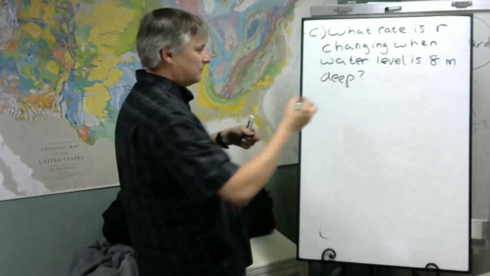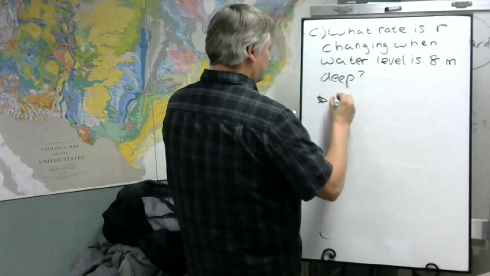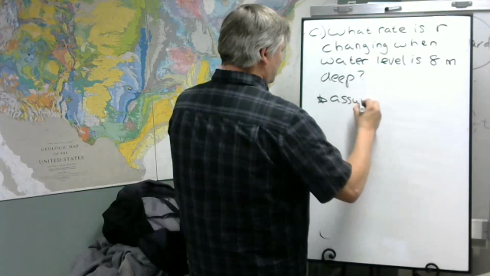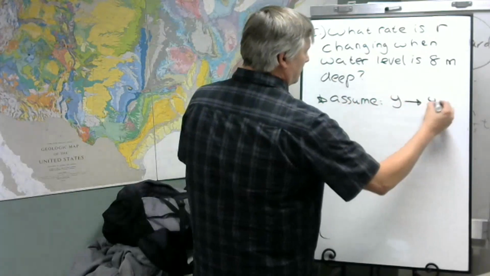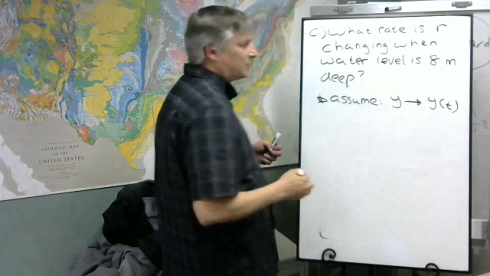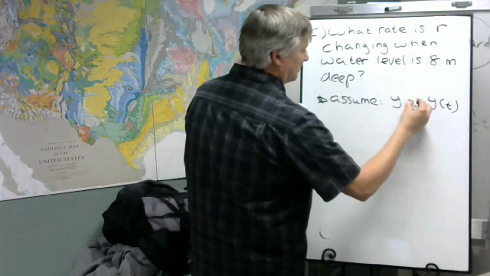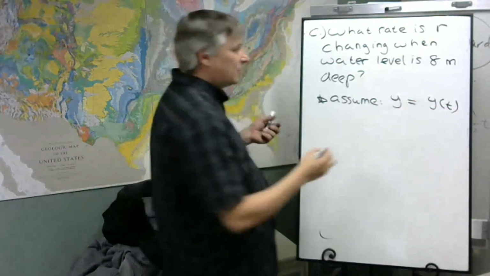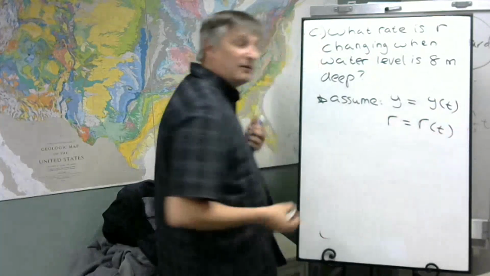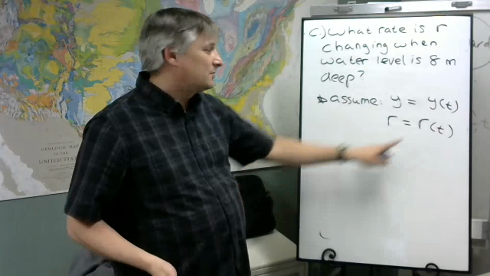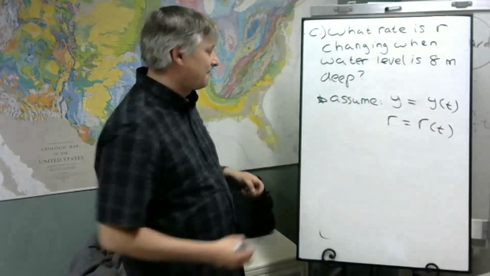So again, I'm going to assume y is a function of t. And this is going to cause r to also become a function of t, because now it contains a y of t.